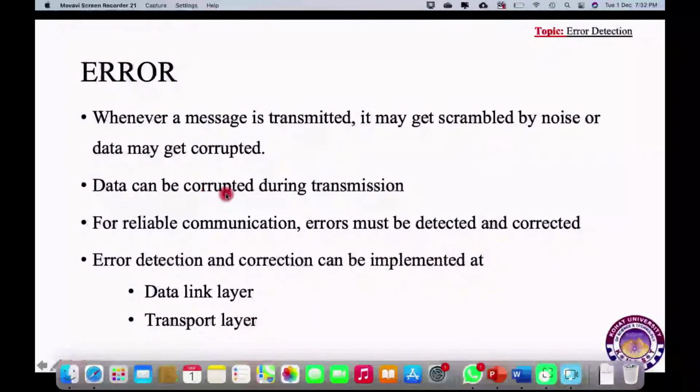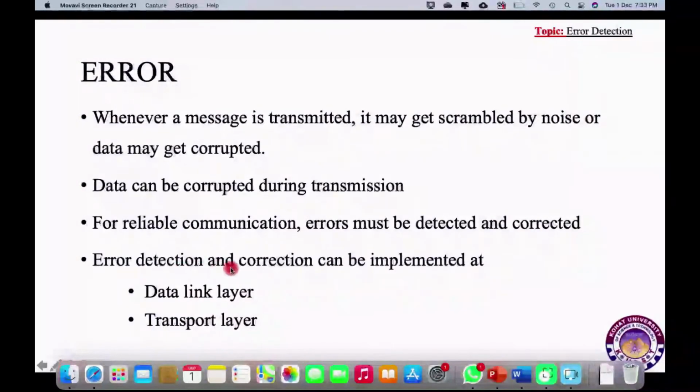Data can be corrupted during transmission. This is obvious because the transmission medium is not perfect. So any type of data can be corrupted. For reliable communication, errors must be detected and corrected. This is the need of data communication, that the errors must be detected and corrected.